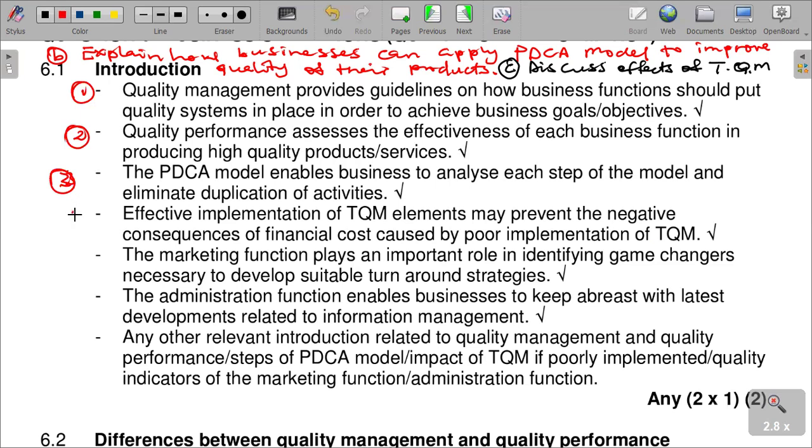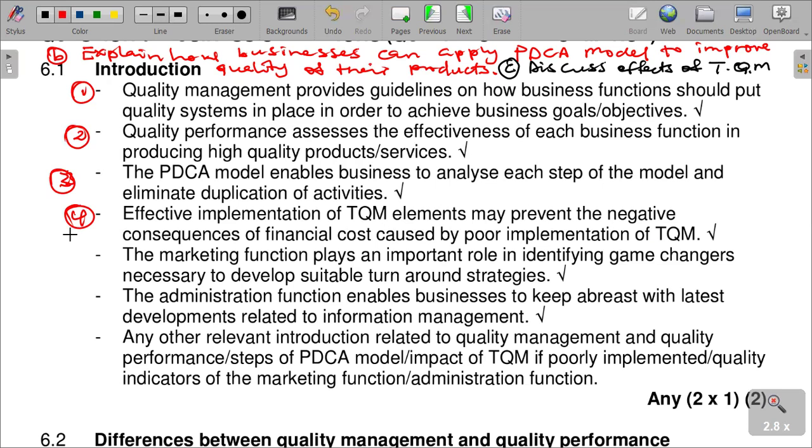As well as number 4, effective implementation of total quality management, TQM, elements may prevent the negative consequences of financial costs caused by poor implementation of TQM. And then marketing function plays an important role in identifying game changers necessary to develop suitable turn-around strategies.